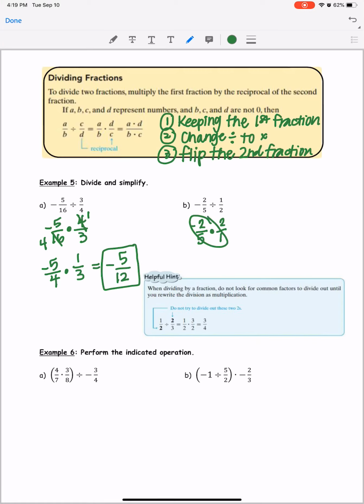You got 2 and 1, those are both prime numbers, so no. 2 and 5, those are both prime numbers, so no. So negative times positive is negative, and then multiply. 4 on the top, 2 times 2. And then 1 times 5. And anytime these numbers are right next to each other, that's never going to be able to reduce.